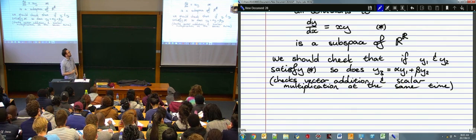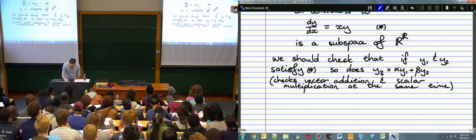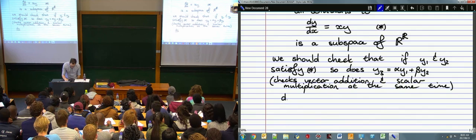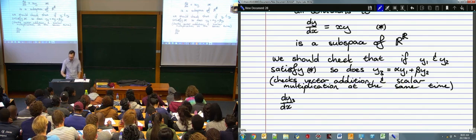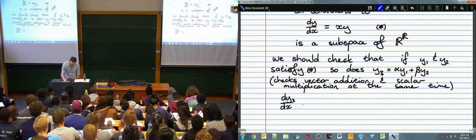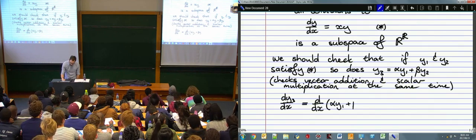Maybe the best thing to do is to take y3 and calculate its derivative, which is just the derivative of this linear combination, alpha y1 plus beta y2.